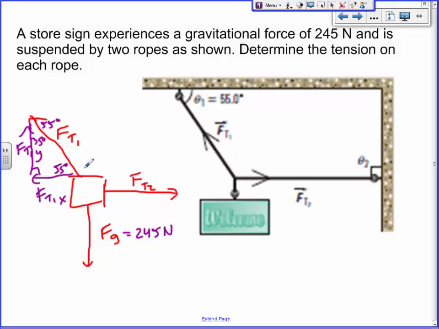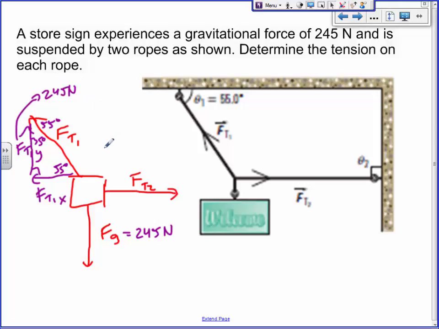Do we have any numbers force-wise on the triangle? Yeah, that's the key here. If this guy is pulling down at 245, it has to be balanced by something pulling back up, right? Isn't the only force pulling up this one right here? Wouldn't it have to also be 245? Wouldn't that logic make sense that this force right here has to be 245?